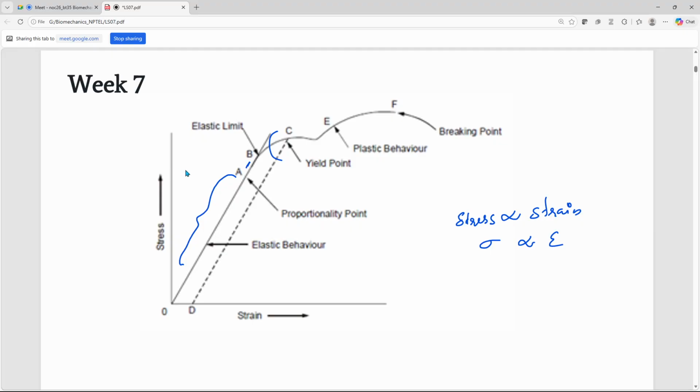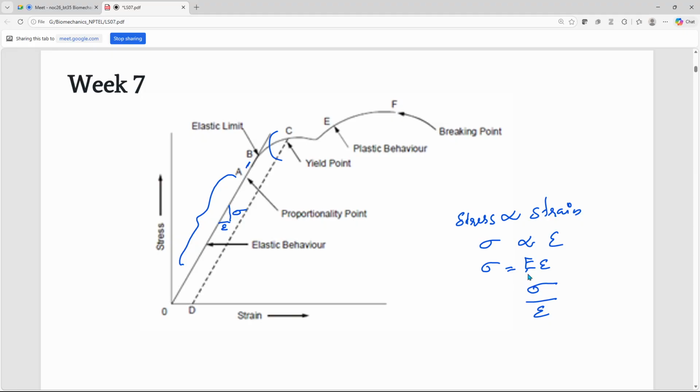It is sigma proportional to epsilon. So if we are taking the slope of this elastic region, this portion will give the stress and this will give the strain. According to Hooke's law, sigma is equal to E into epsilon, where E is the Young's modulus.